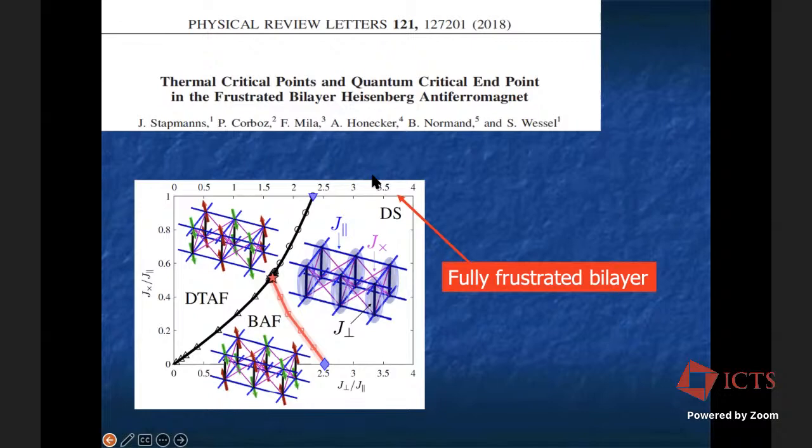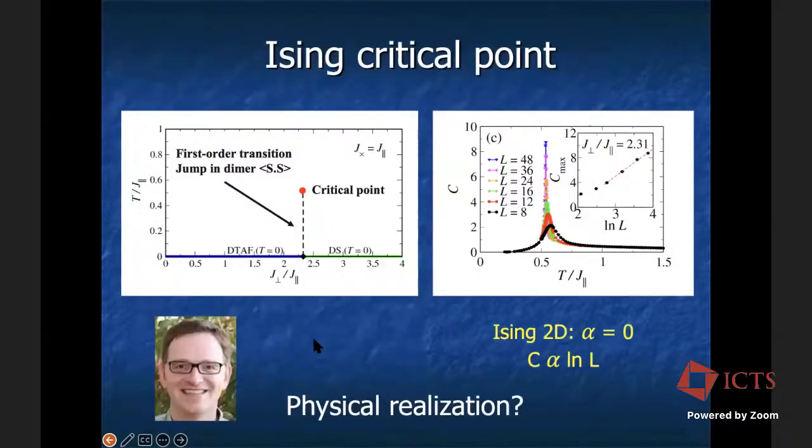And since we can do quantum Monte Carlo, this was the idea tried by Stefan Wessel and his student. It turns out that the physics is really interesting at finite temperature. Why? Well, at 0 temperature we have a first order transition between two states.